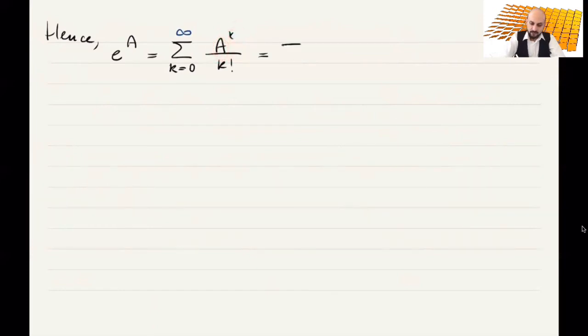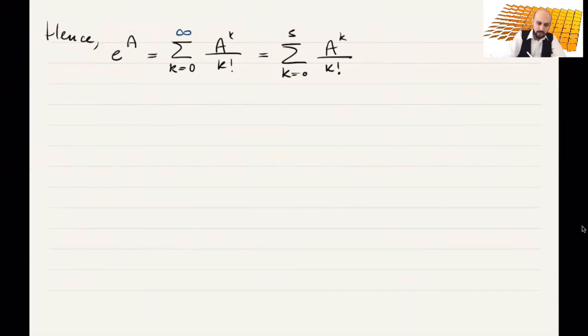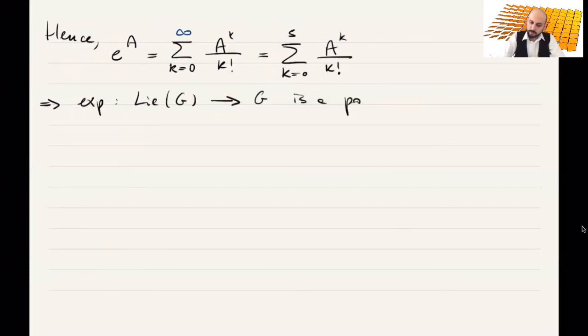So this is the same as writing k from 0 to s, A^k over k factorial. What we understand is that therefore this map A goes to e^A is a polynomial map. So we get that exp from the Lie algebra of our group G into G is a polynomial map.